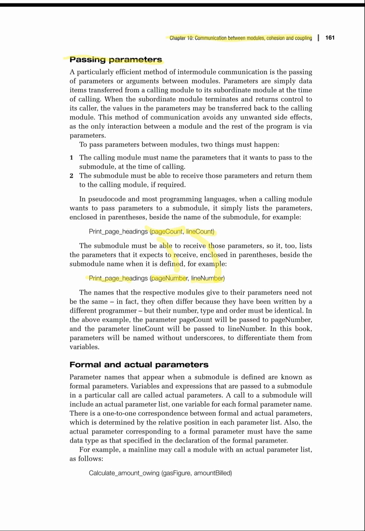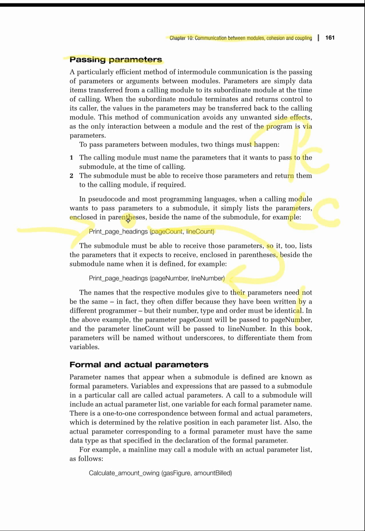Now, the way we get away with this is copies, essentially. So what happens is, here again, this is in our mainline algorithm. So we are taking page count and we are taking line count. And when we pass those parameters down to here, we aren't necessarily passing the original copy. We're passing, by default in most languages, a copy of that. So over here, I'm going to put PC and LC. Those are page count and line count.